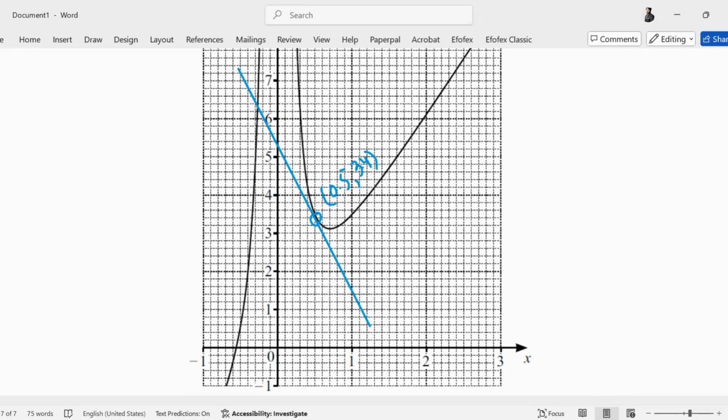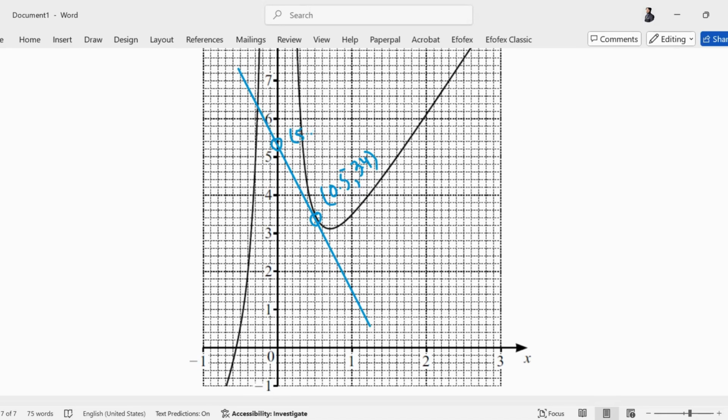So if I take this point, well, I'll rather take the y-intercept. That will help me.